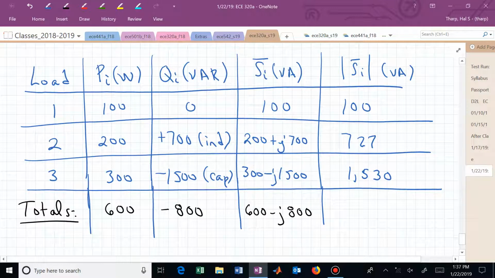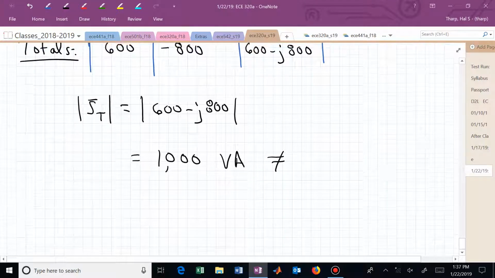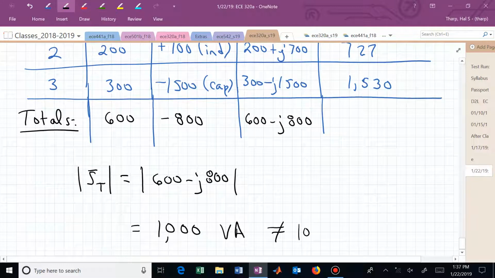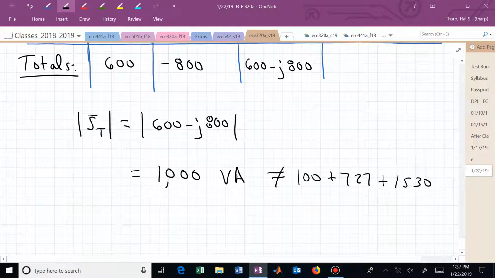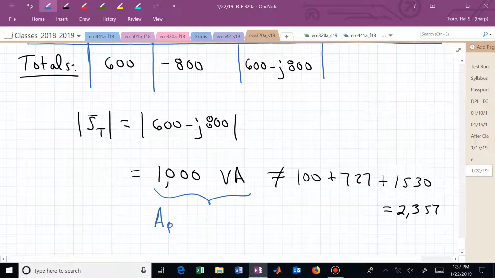of the three respective loads, 1, 2, and 3. 1000 is not the same as 100 plus 727 plus 1530, which is actually 2357, where the total complex power has an apparent power of 1000.